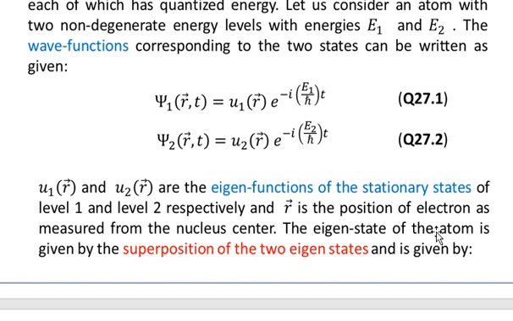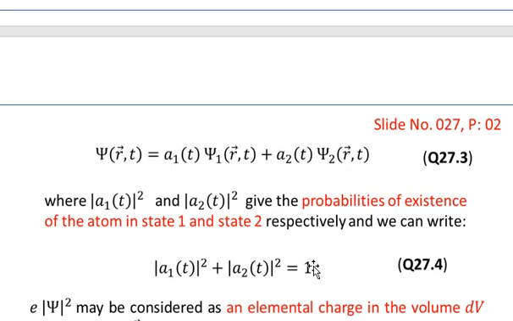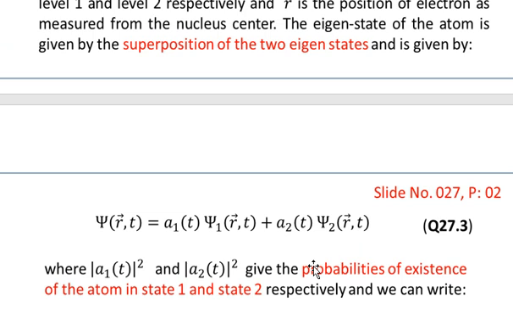The eigenstate of the atom is given by the superposition of the two eigenstates and is given by equation number 3.